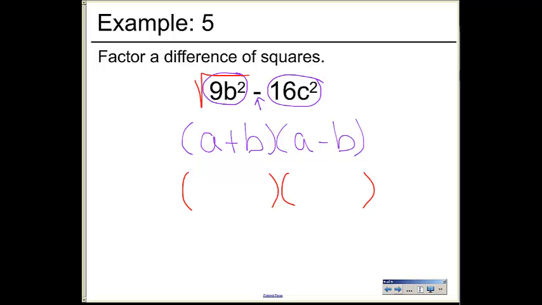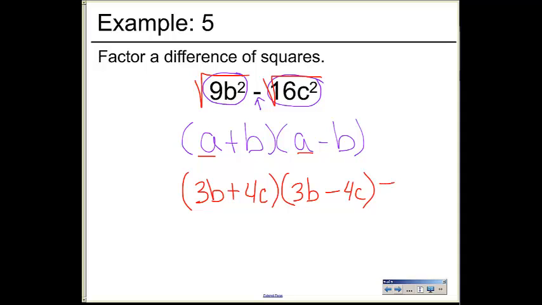The square root of 9b squared is going to be 3b, and I have it in both locations because that's my a value. And to get the b value, take the square root of the second. So square root of 16c squared is going to give me a positive 4c, and then the second one is a minus 4c.